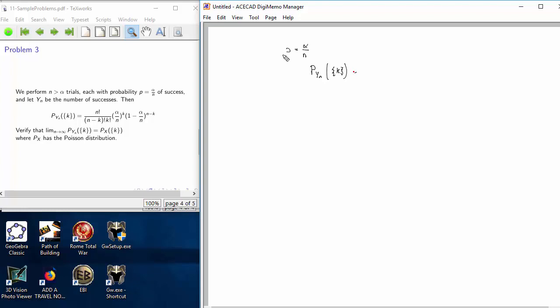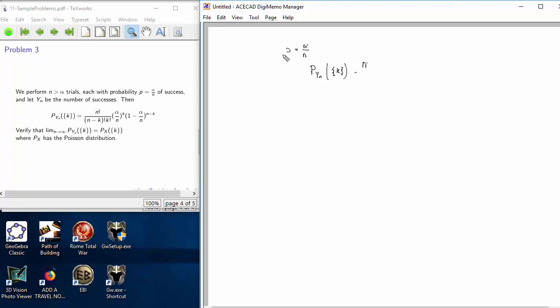The first term in our binomial distribution is n choose k, or n factorial over n minus k factorial times k factorial. That's the number of ways of selecting the k successes among the n trials.